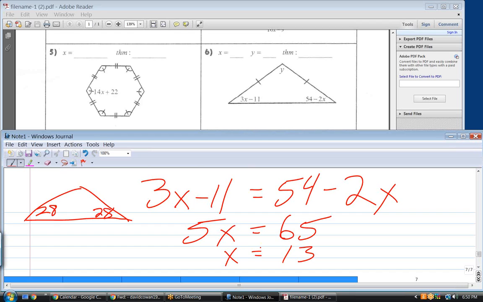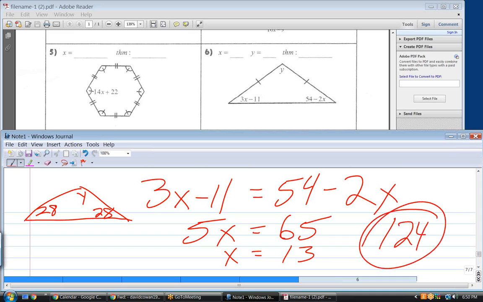I know that if that's 28, that's 28. So what's y? We would just add those two together and subtract that from 180. So 28 plus 28 would be 56. So 180 minus 56 would be 124. And that's what y is.